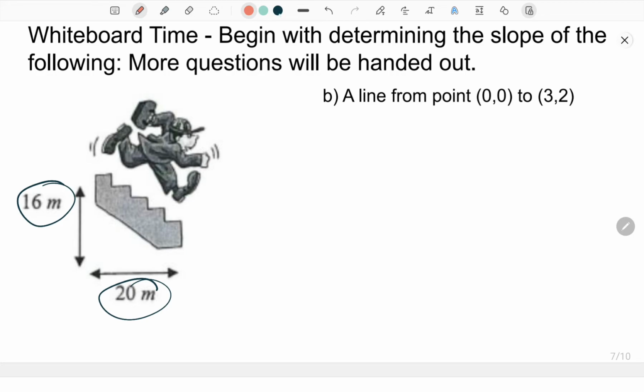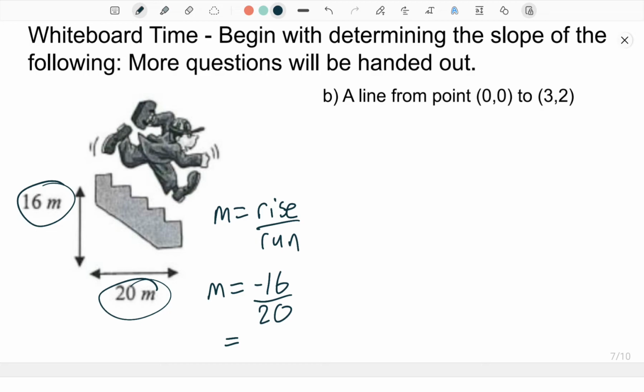So when we're talking about rise over run, the rise this time, you're actually going down, so it's going to be negative 16. The run is going to be 20 because you're going across 20. And with all of our slopes, when we have a fraction, as usual, we have to reduce that fraction to lowest terms. In this case, you can divide both by 4, and you'll get negative 4 over 5. And that is your final slope value.